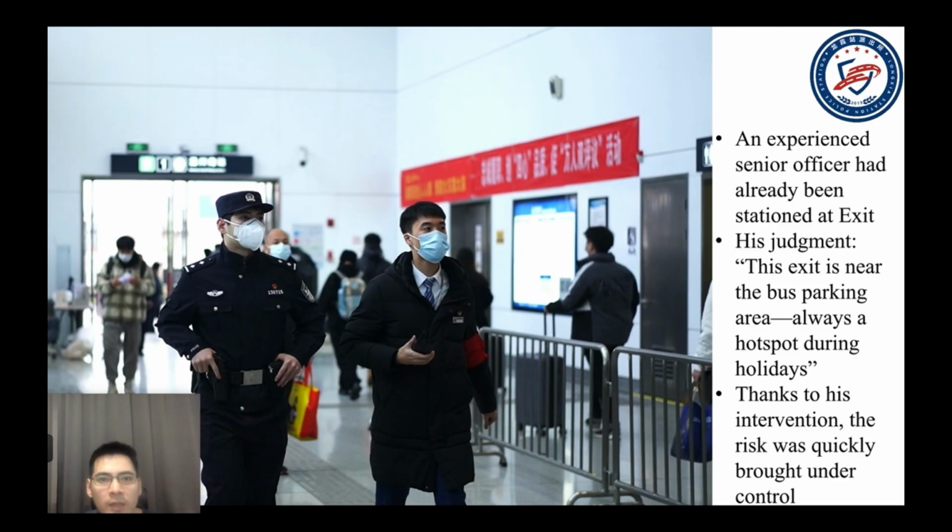Because of the limited camera angles and biased data, the AI misjudged the situation. A near emergency occurred, but luckily a senior officer had already stationed himself at Exit 1. He knew from experience that this exit is always busy during the holidays. His judgment saved the day.